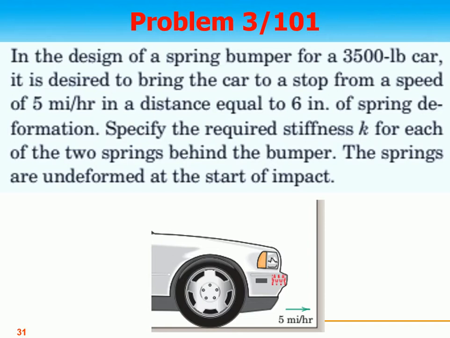The springs are undeformed at the start of the impact. So initially the springs are undeformed, right? When they strike, by 6 inches of movement, the car moving at 5 miles per hour should stop. We need the value of the stiffness of the spring to be used with this particular spring bumper system.